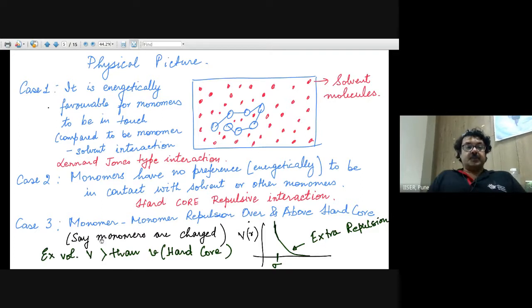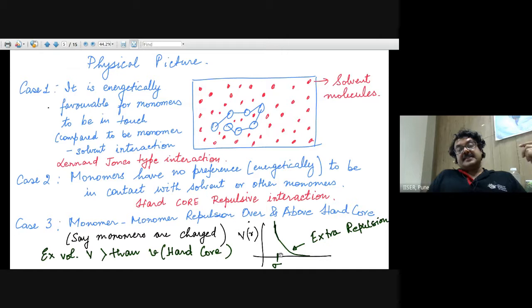So suppose that the two monomers are charged, right? Then even at large distances, there would be mutual repulsion between the monomers. So the V of r versus r would be basically this hardcore repulsion, of course, and then there's an extra repulsion. The U of r would be infinite at distances less than sigma.